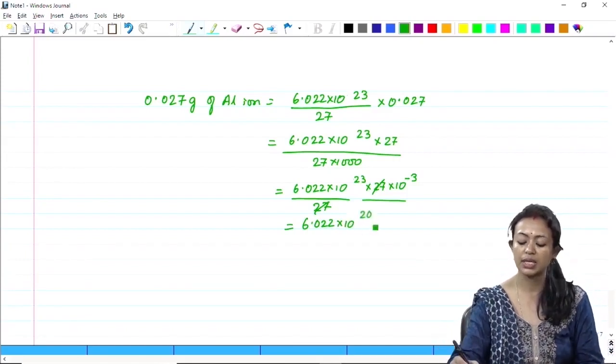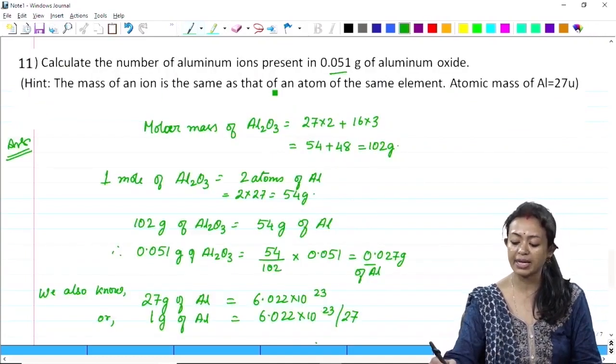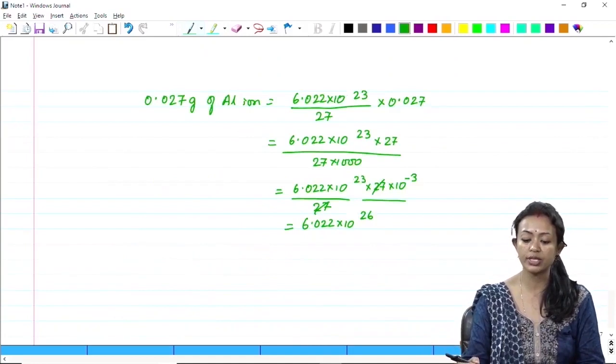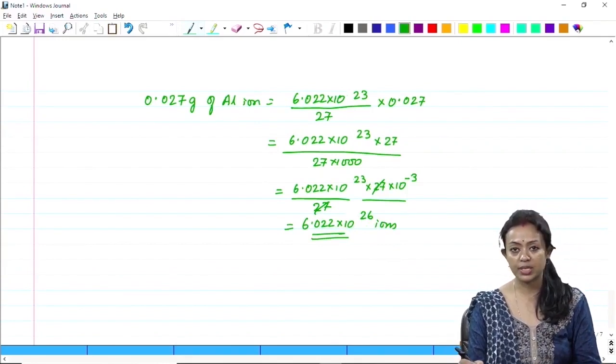This will be the number of particles. Alright. So the number of aluminum ions that is present in 0.051 gram will be equal to 6.022 into 10 to the power 20 ions. Alright, I hope this is clear to you.